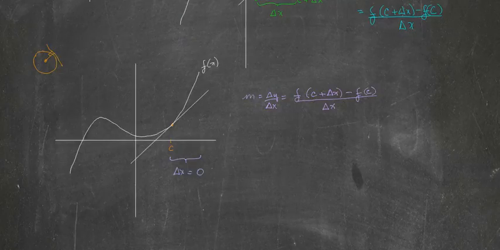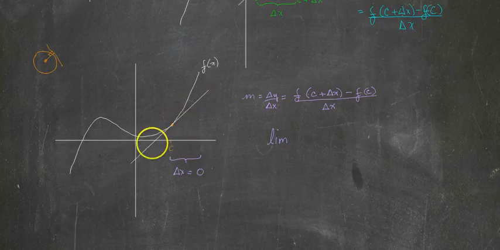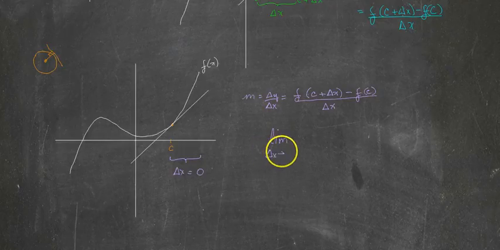Luckily, we have a really great tool at hand, and that is we can calculate the limit, because we don't actually have to be defined at that point as long as the limit is defined at that point. Okay, so the limit as the change in x approaches 0.